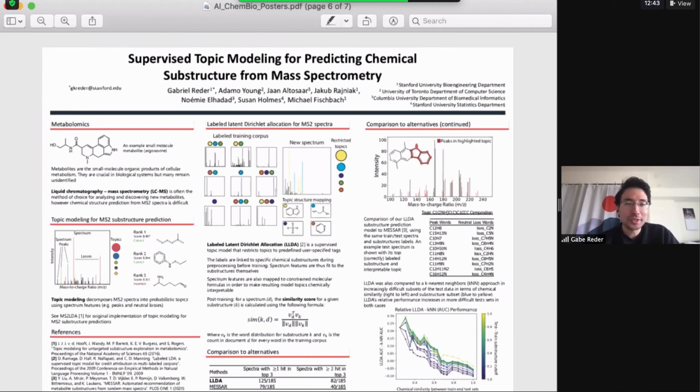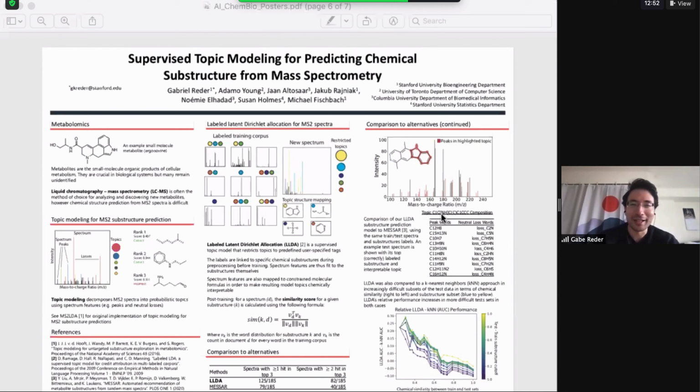So what this work is doing is trying to move a step further and add a supervised dimension to this approach. We're using a more recent topic model called labeled latent Dirichlet allocation. Now we're looking over here in the center, where what we're adding is a layer of supervision. So you, the user, can now decide, look, these are the chemical substructures I'm really interested in labeling.